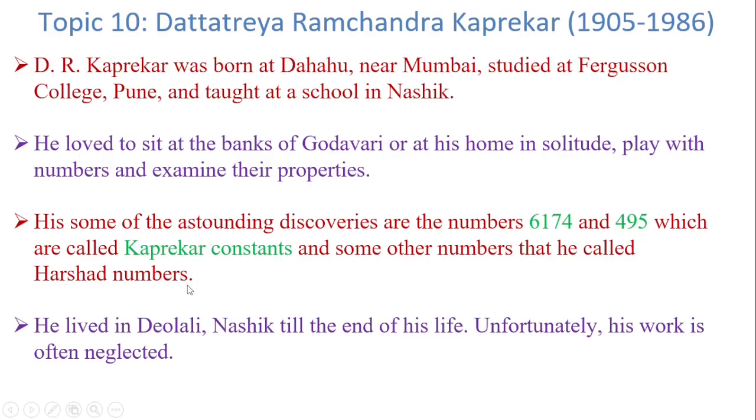He actually called them Harshada numbers because they are joy givers. Harshada means the thing that gives you joy, and since he found a lot of joy while experimenting and playing with these numbers, he called them Harshada numbers. You can read about Harshada numbers on the internet.